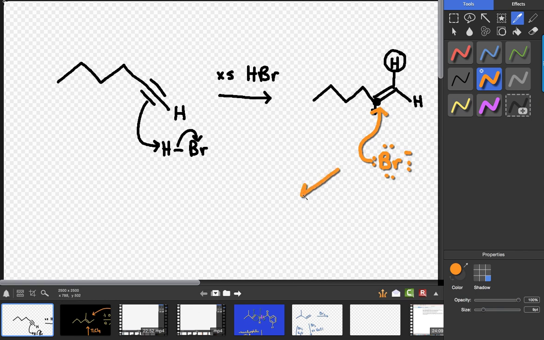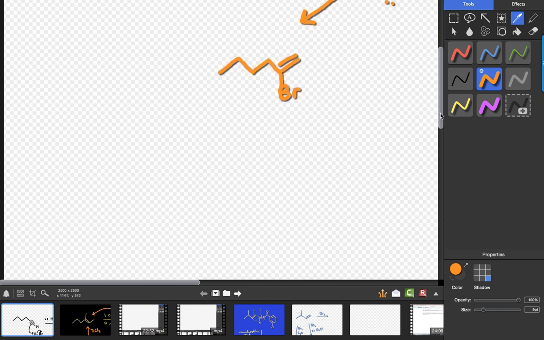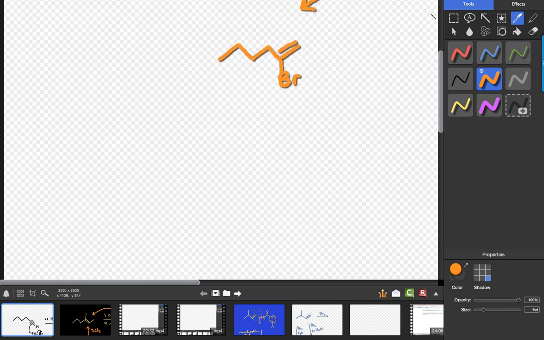And so once this is accomplished, I have a vinyl alkyl bromide. So I still have the double bond, but now I'm bonded to a bromine. Since I have an excess of HBr, I simply repeat the proton transfer and the nucleophilic attack again.